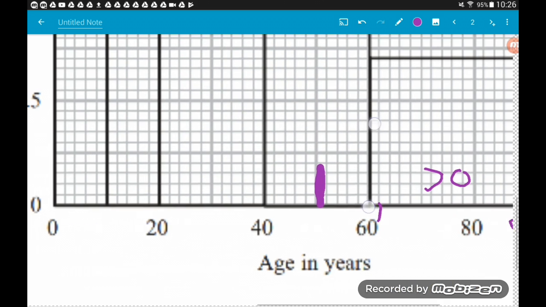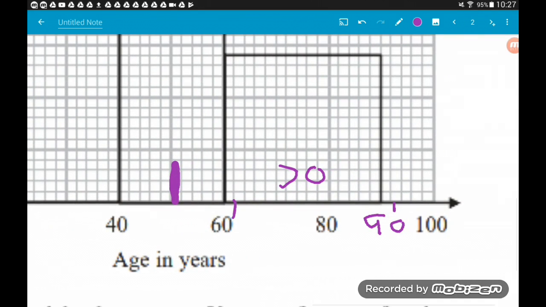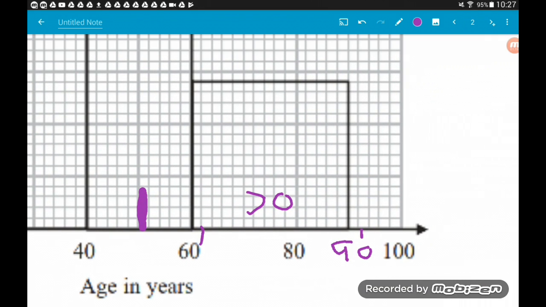So if we go back over here, we can use that to work out our frequency density. We know up to this point is 0.5, and then we are 4 little squares above.